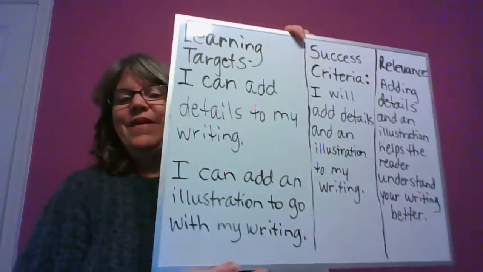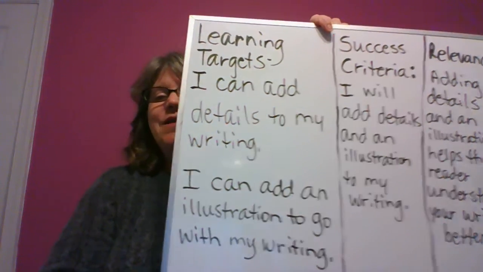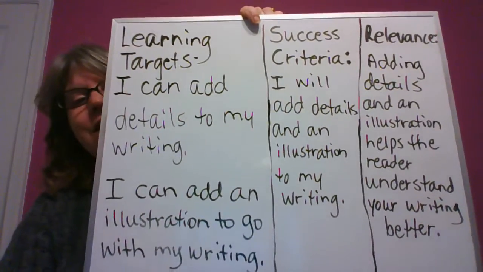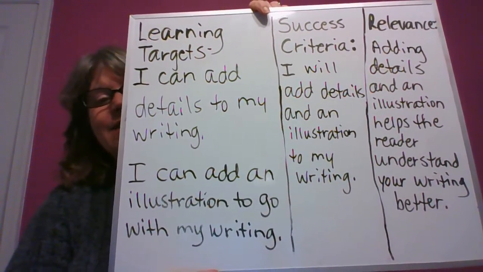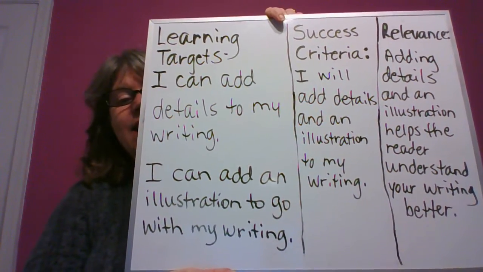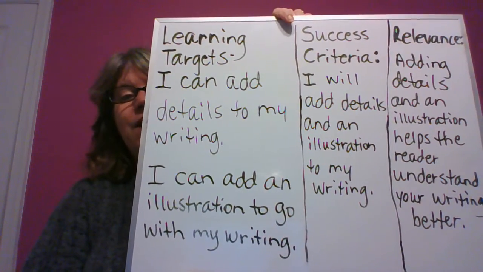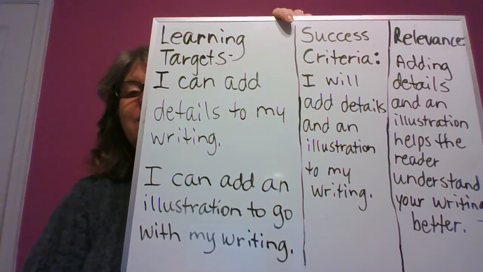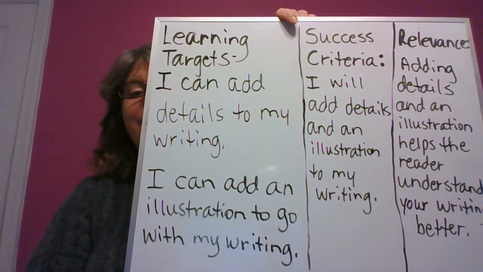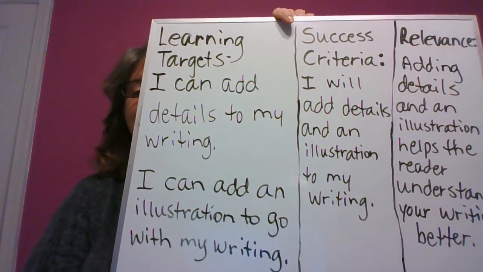So let's look at our objectives. Our learning targets are: I can add details to my writing, and I can add an illustration to go with my writing. Our success criteria is: I will add details and an illustration to my writing.